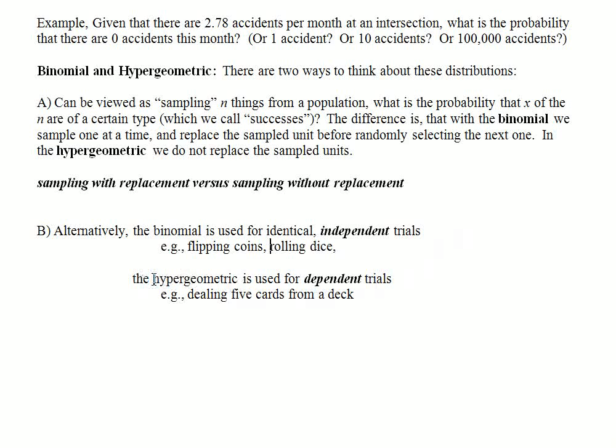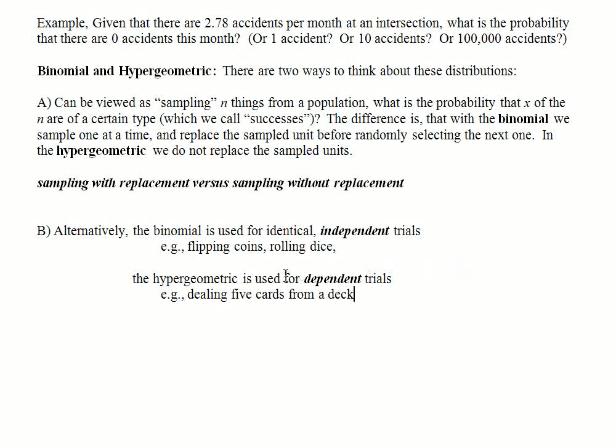And the hypergeometric is used when the trials are dependent. The probability of pulling a white ball out this time depends on whether the last ball I pulled out of the bucket was white, as long as I'm not replacing them, you see. So the hypergeometric is very often used for card probabilities. You have a deck of 52 cards, and you want to know what the probability is of getting a queen, for example.